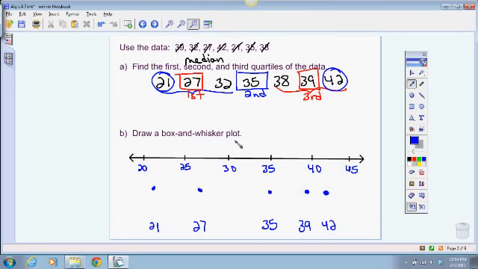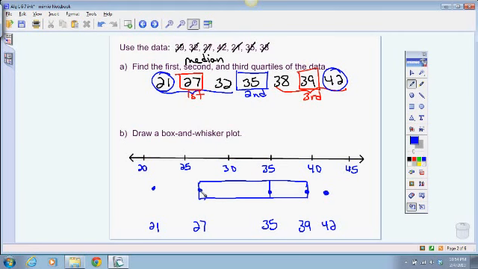Now what we're going to do is make our box and our whiskers. You are going to draw a box between your first and third quartiles. This is my first quartile, this is my third quartile. I'm just going to draw a box, a rectangle. Notice that my dots come in the middle of the sides. We are going to put a line through the median, not the middle of the box, but wherever we marked our median.